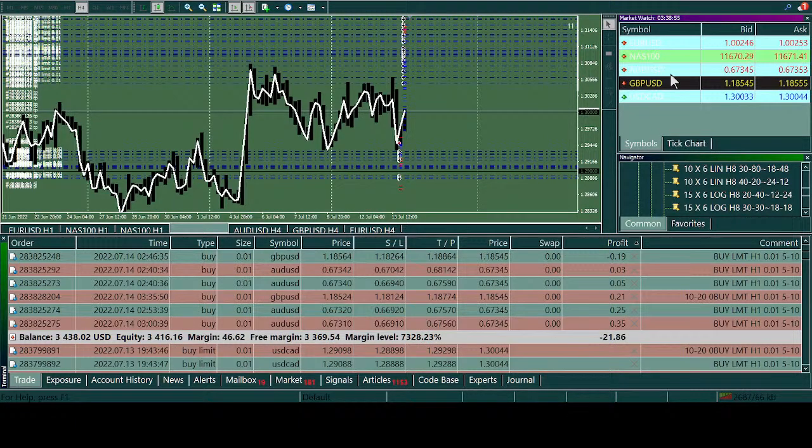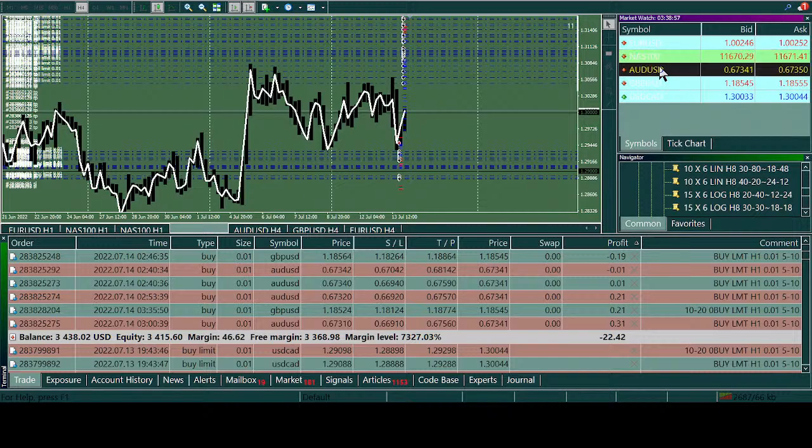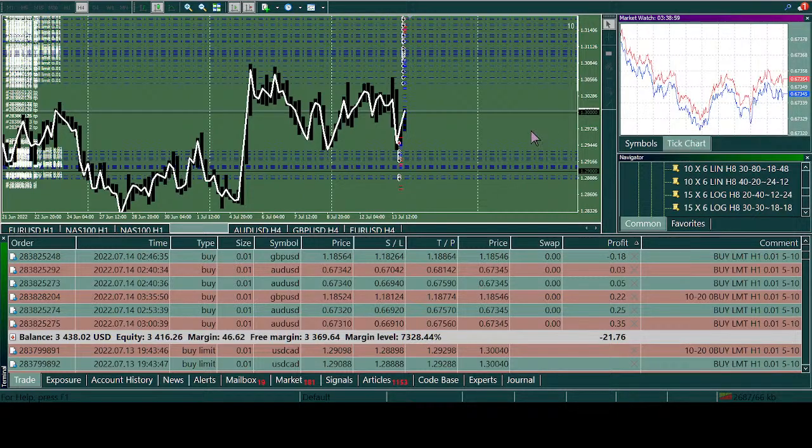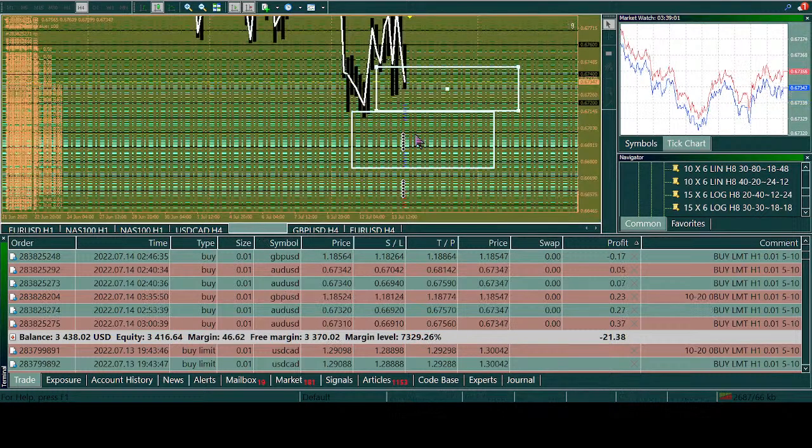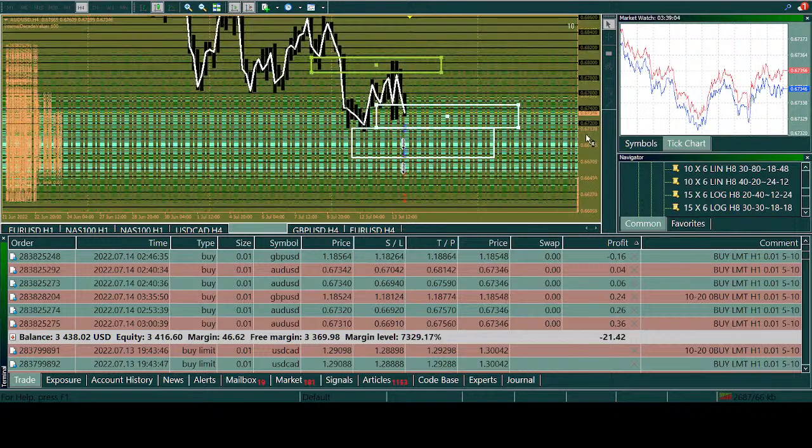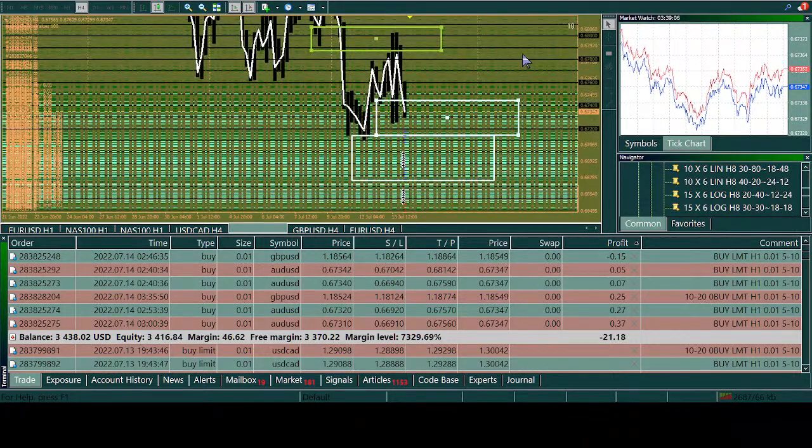This is a tick chart of the pound. Here's the Australian dollar. That's what the news is supposed to be about. The bank rate. Everything's going to follow it, I suppose. Less than an hour.